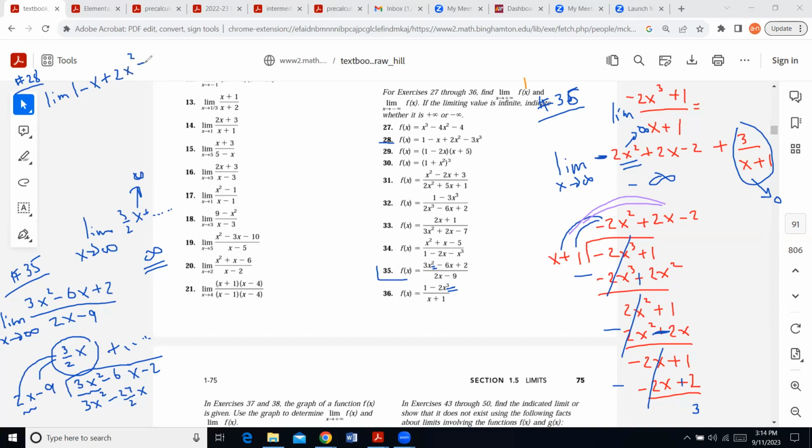Well, looks like we have 3x to the power of 3. So when x approaches infinity, then this term goes to infinity, right? So it looks like all of these exercises have to do with limit equal to infinity.